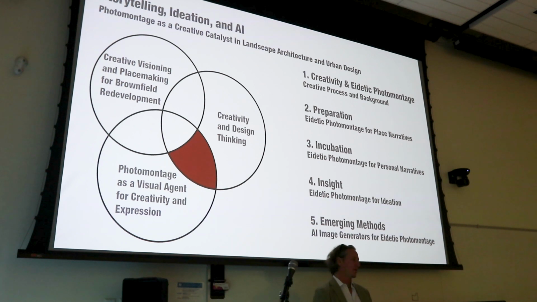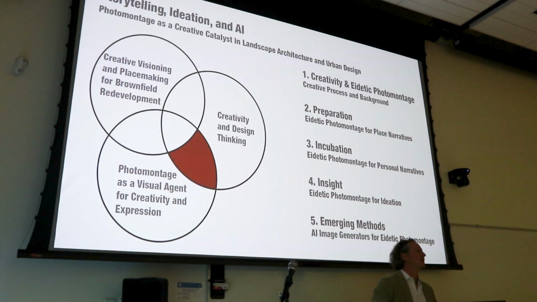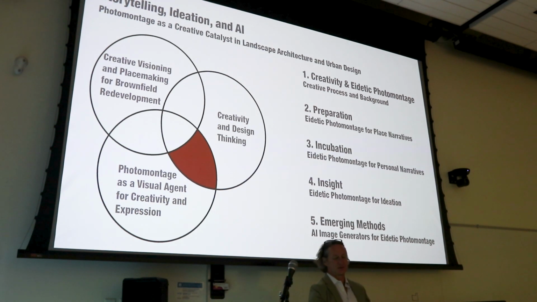I'll support that with a lot of student work, a couple examples of my own work. And then at the end, I will talk about AI and image generation. It's very early in the development and adoption of AI, so what I'm going to talk about might be more speculation, but it is coming and it's important. And so I think it's important that we, as landscape architects and other designers, are considering what this means.